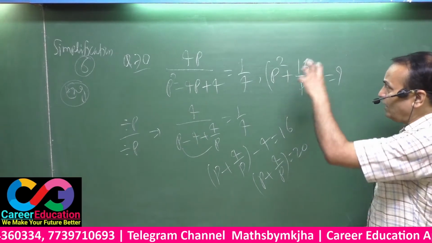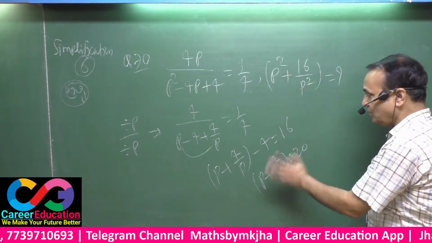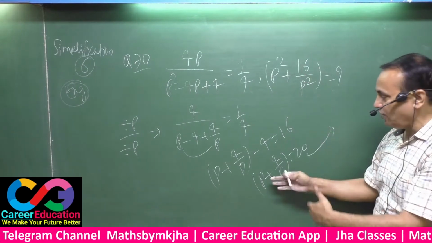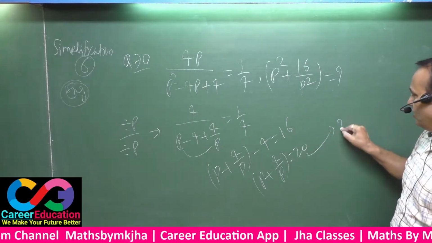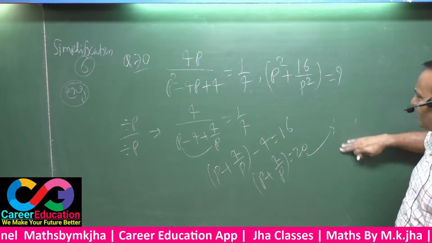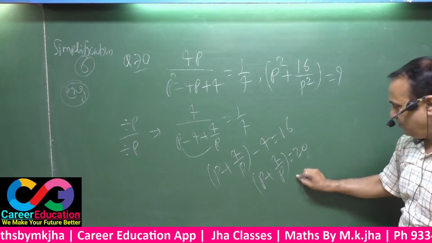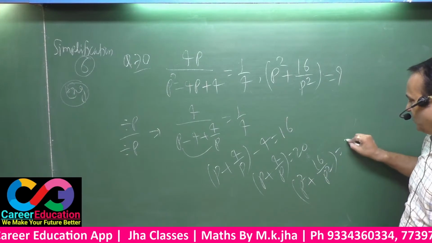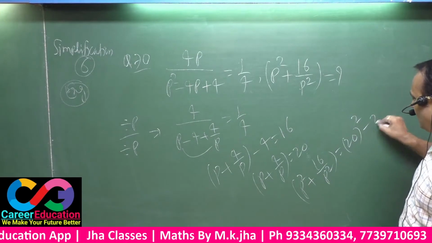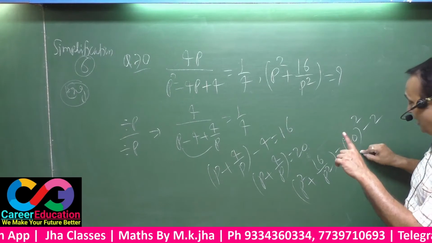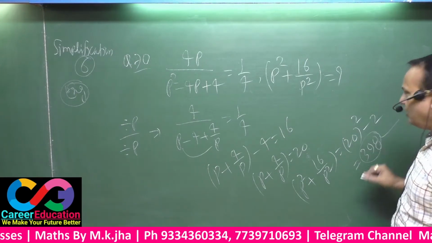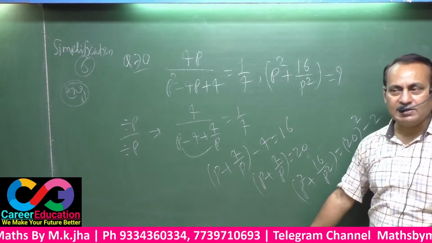Now you have to get the value of this from this. Certainly, if you want this value from this, you do 20 square. Let me write the expression, p square plus 16 by p square. That means 20 square minus 2, so 398 will be the right answer. Be noted, 398 should be the right answer, and it is so.